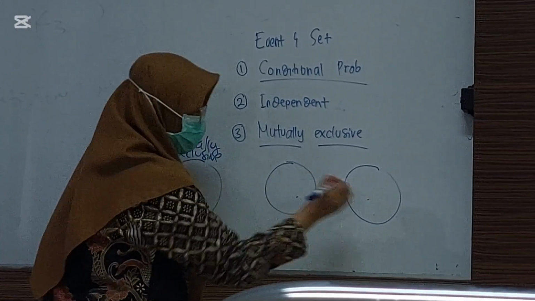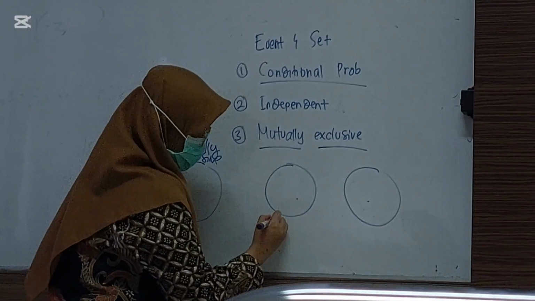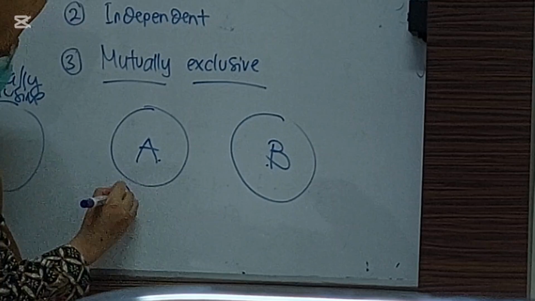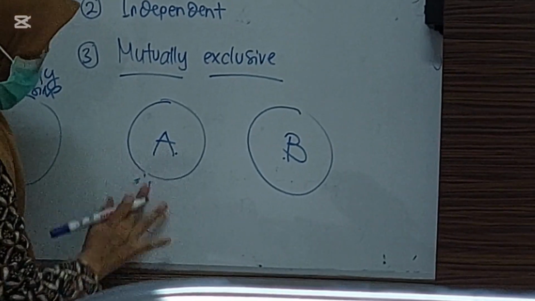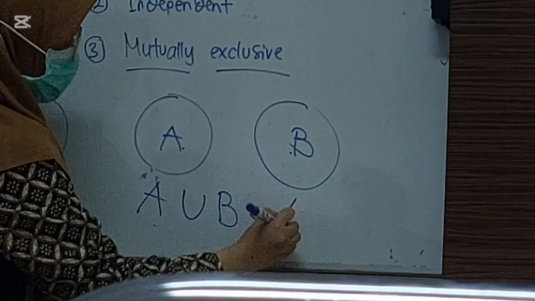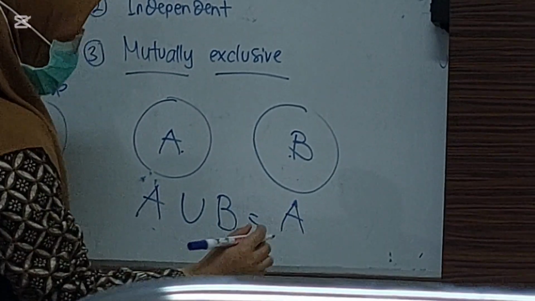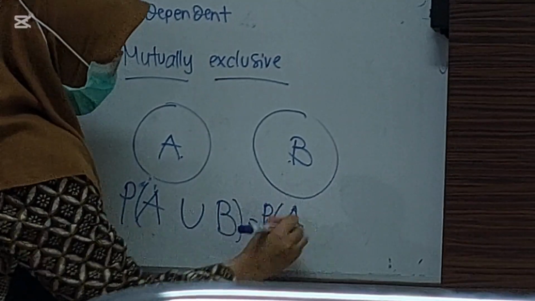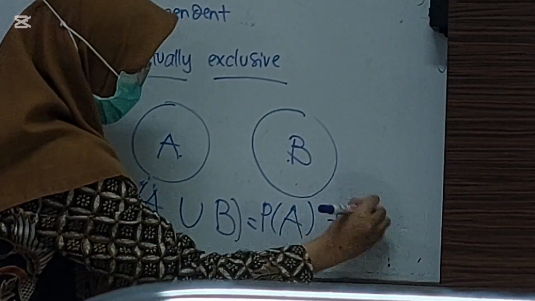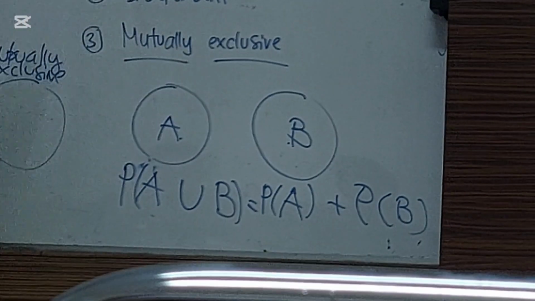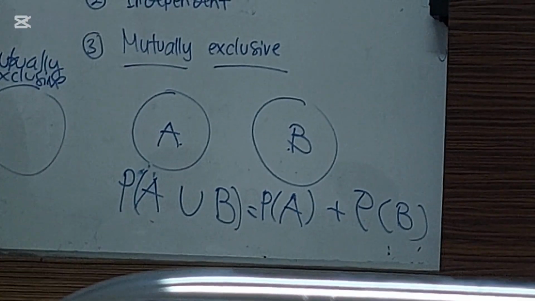So if we do a formulation, this is A, this is B, so A union B, this is A and B, probability plus probability. This is mutually exclusive.